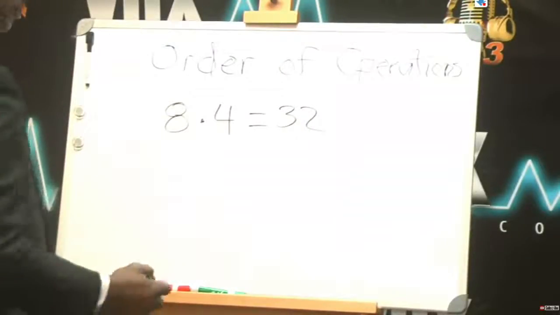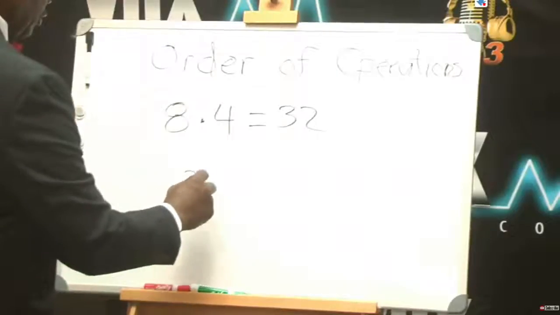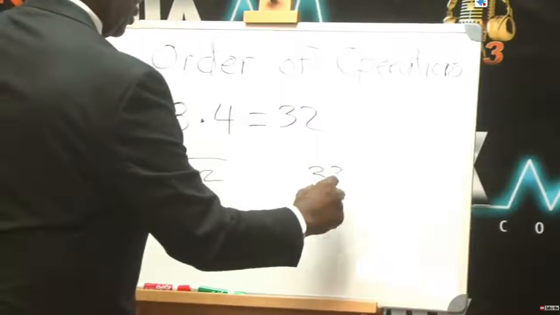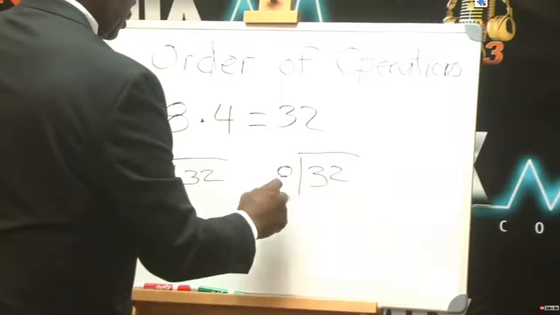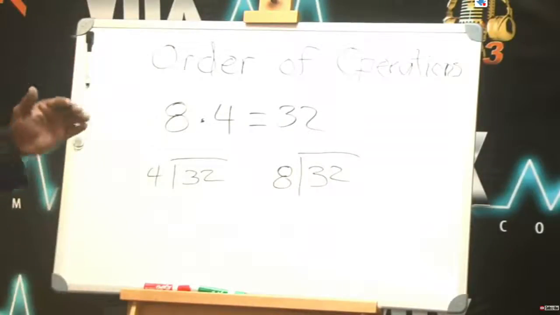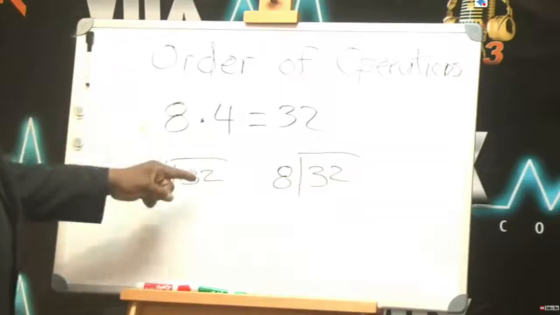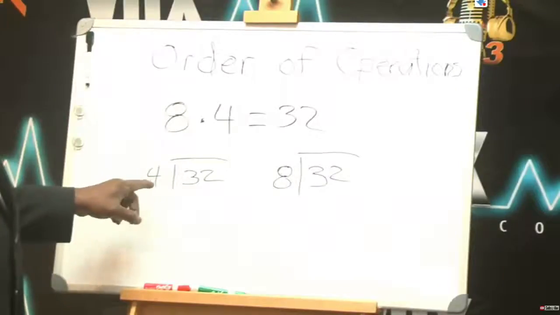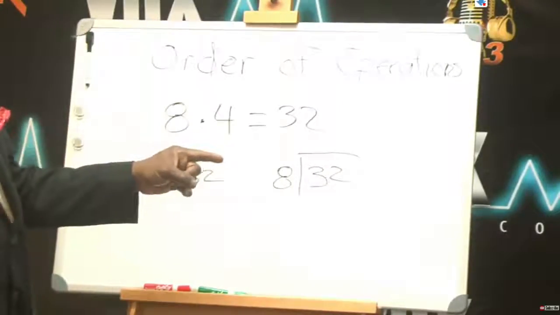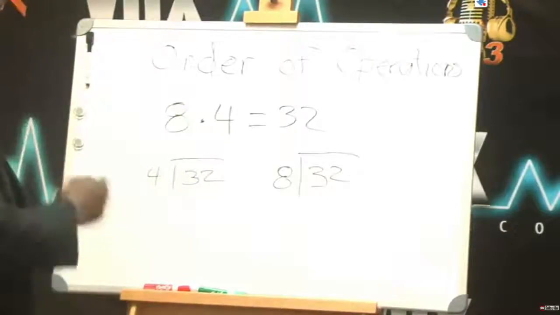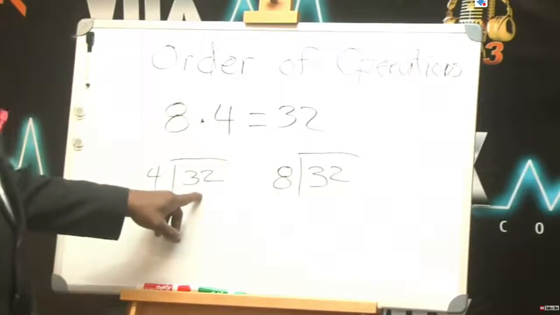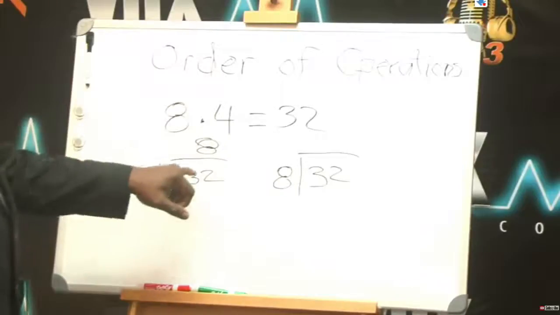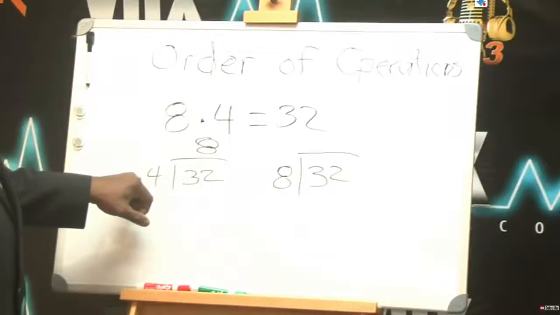Now let's turn it around and say 32 divided by 4 and 32 divided by 8. Now here we go. Basic fact. It says here 8, 32, and how many 4s can you get out of 32? If you know your basic multiplication facts, what number multiplied by 4 will give you 32? It's right there, 8. And that's the answer to 32 divided by 4 is 8.